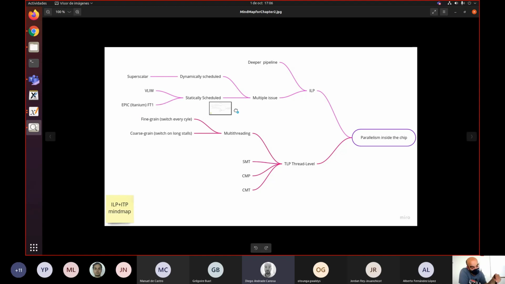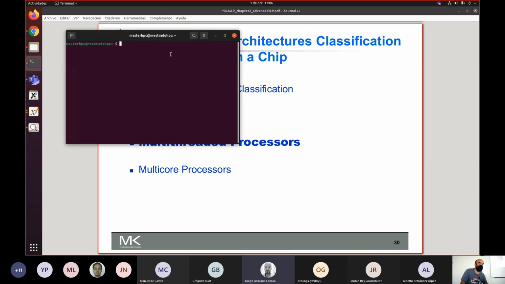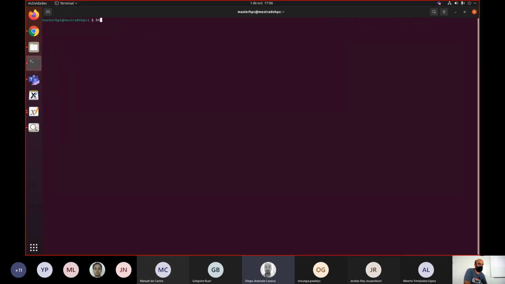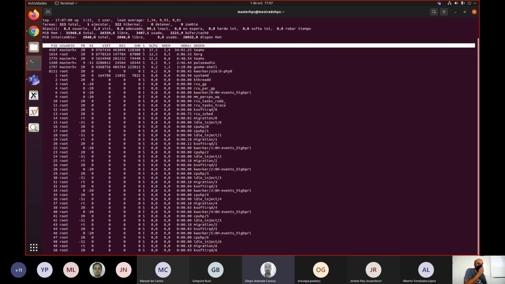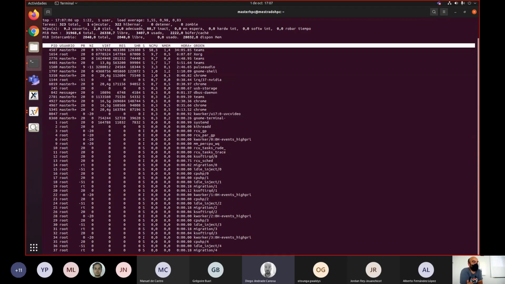Okay, so now we are going to talk about this second aspect of parallelism inside the chip, and that is the concept of multithreading. When you are in a computer, for instance, in this computer, if I execute the top command, you are going to see several processes executing at the same time.